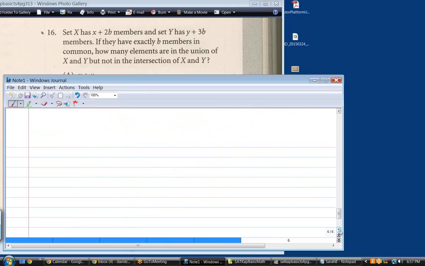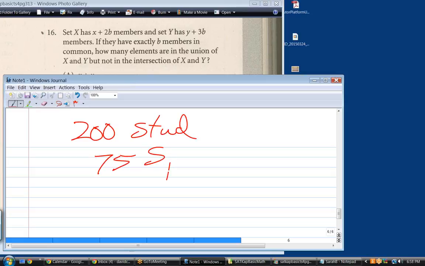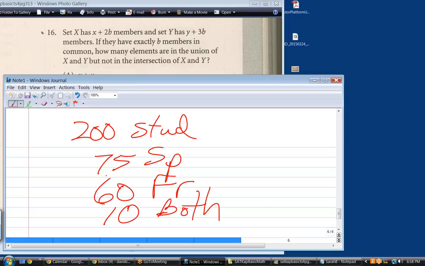Let's do this. Let's say you have 200 students. You have 75 taking Spanish. You have 60 taking French. You have 10 taking both, which leaves 55 taking neither.